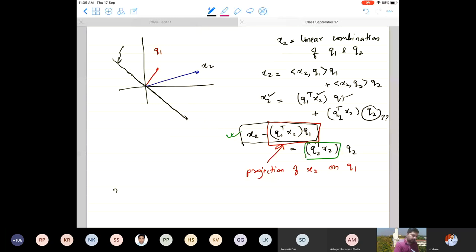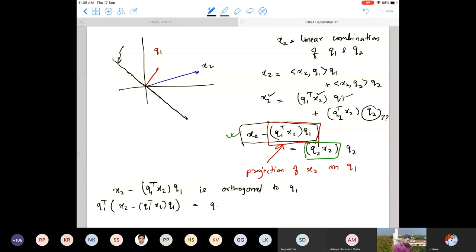So x2 minus q1 transpose x2 into q1 is orthogonal to q1. What is orthogonality of two vectors? The dot product between the two is 0. So you check q1 transpose into x2 minus q1 transpose x2 into q1. That's the inner product that we have to look at, and we have to show that it is equal to 0.